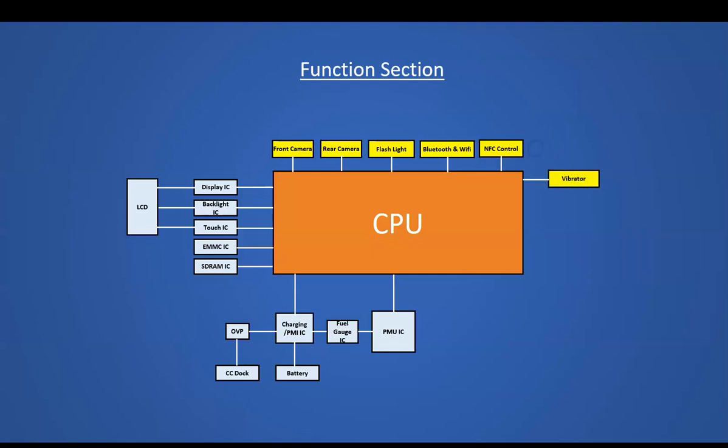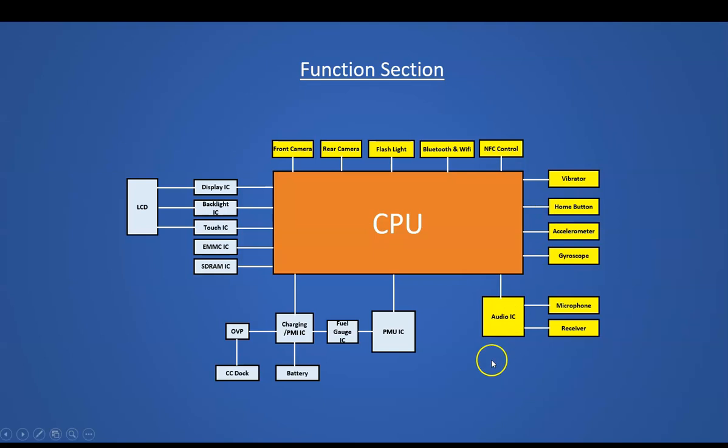Next are the vibrator, home button, accelerometer and gyroscope. Then the audio IC, which is connected with the microphone and the receiver. We also use the audio power amplifier IC, which is connected to our loudspeaker. These come under the function section.